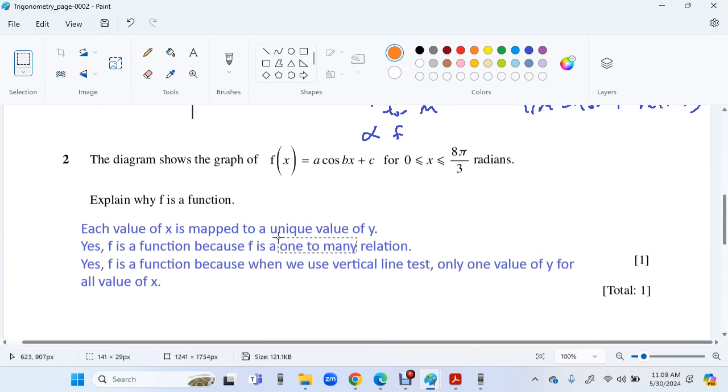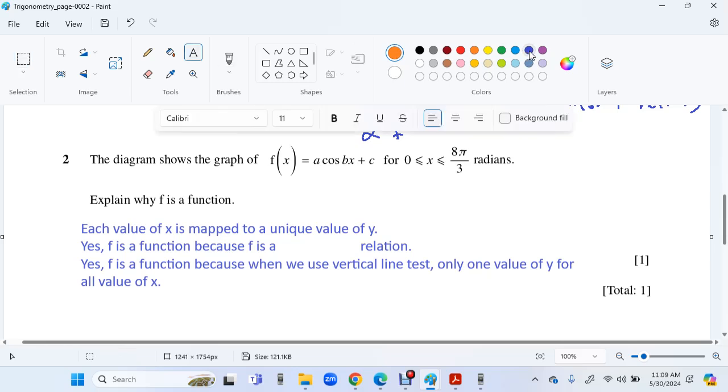This is a many to 1 relation. Okay, so it is a many to 1 relation. Many to 1. So this is a many to 1 relation.